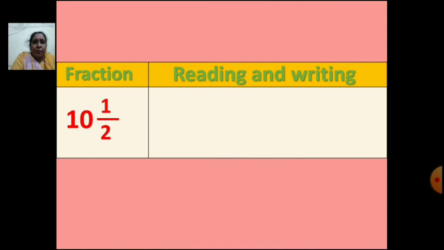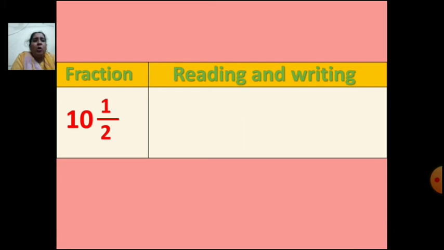Now see next question. Now see the fraction 10 and 1 upon 2. What is the fraction given there? 10 and 1 upon 2. Now how you are going to read and write. Now for 10 you will write the spelling of 10. But 1 upon 2, what you call 1 upon 2? As half. Okay.